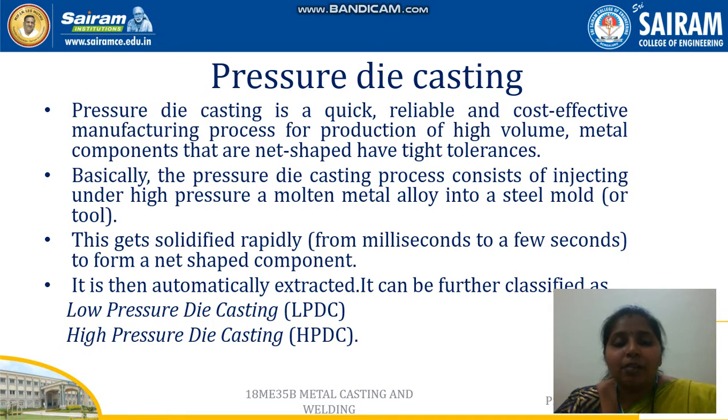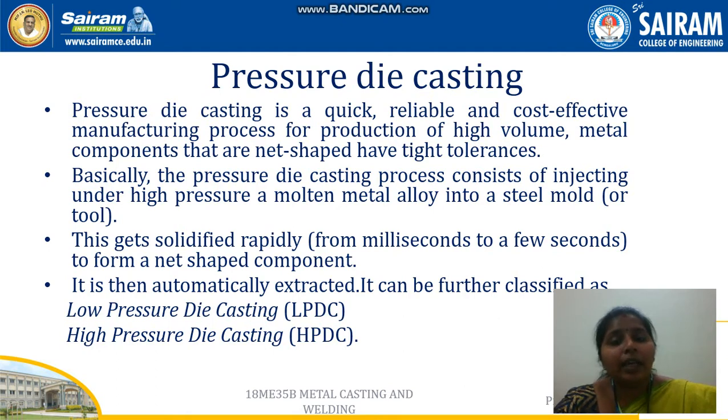This gets solidified rapidly, from milliseconds to a few seconds, to form a net shaped component. It's a very quick, simple and cost effective process which is highly useful for mass production of net shaped components with high tolerances.